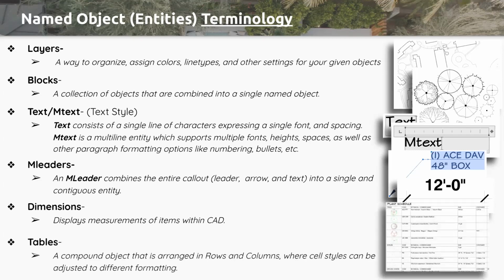And then tables, of course, are different things altogether, but they hold text styles. They're rows and columns. The cells and styles can be adjusted. They're a little bit more complicated and confusing to work with. So we will probably be leaving this just off the table a little bit, no pun intended. But those are what we consider the terminology of these named objects.